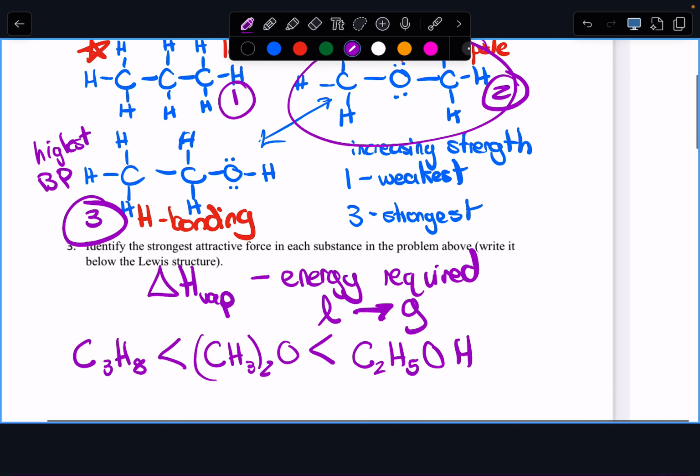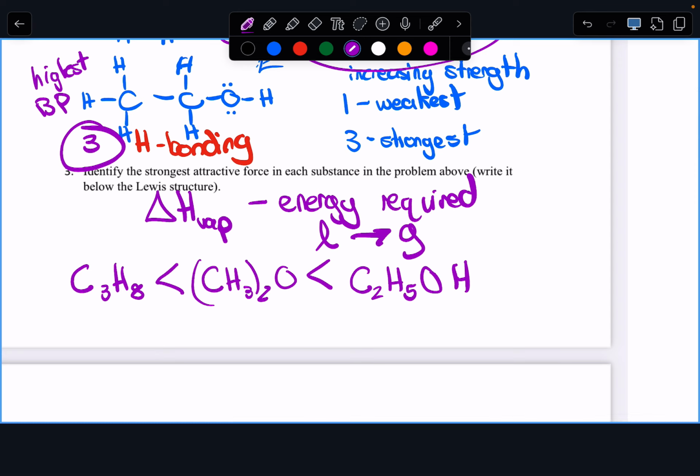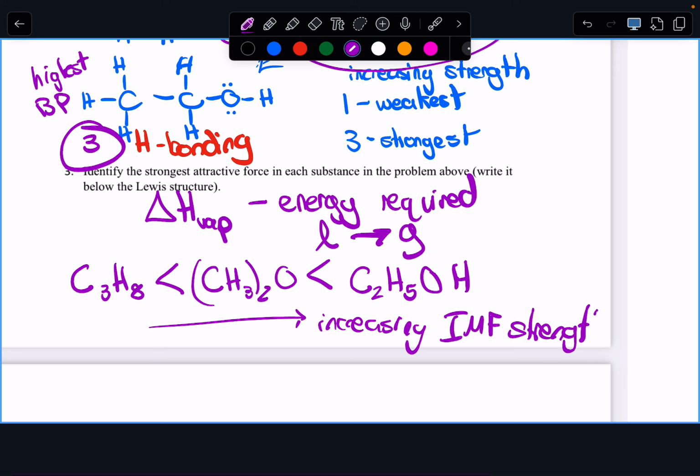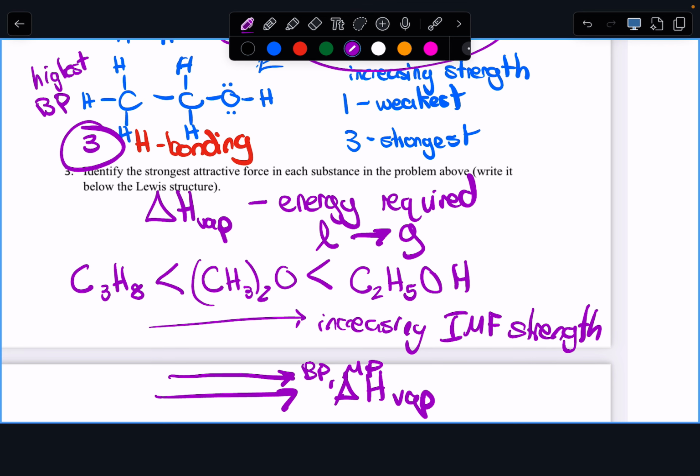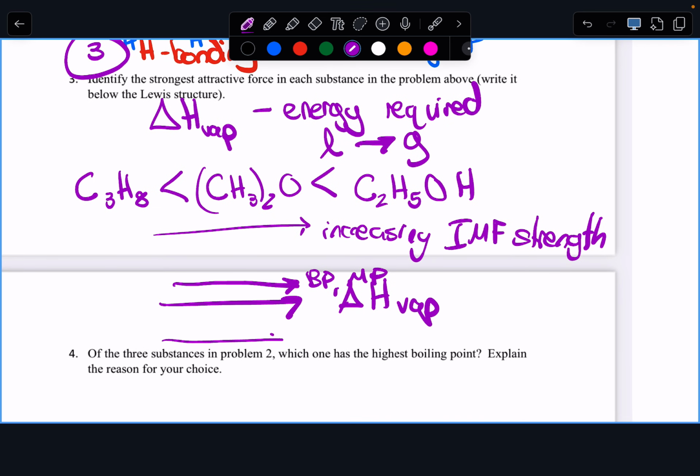Once you can order them in that, you can also say that this is in order, so this is increasing intermolecular force strength. You can also say that this is increasing the energy required for vaporization to occur. You can say that this is increasing in boiling points and melting points. And even a step further, this is increasing in surface tension and viscosity.